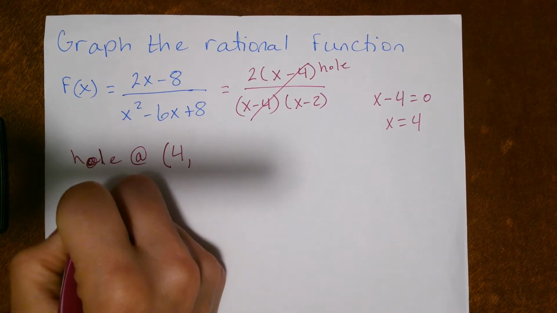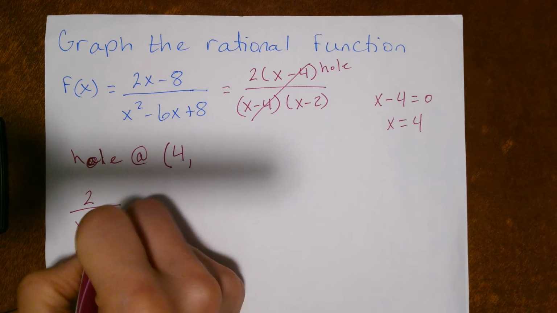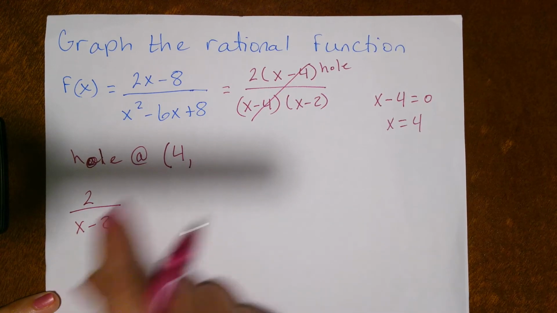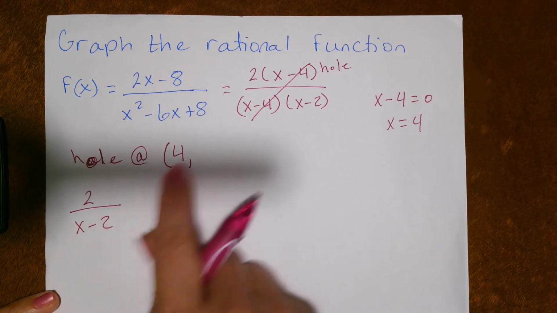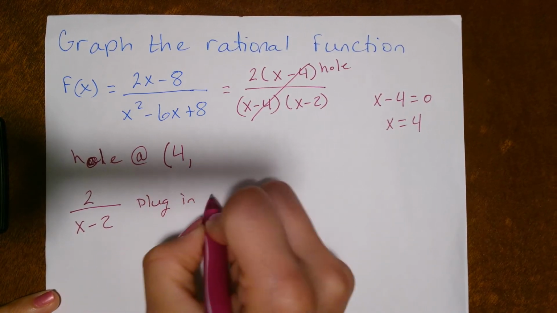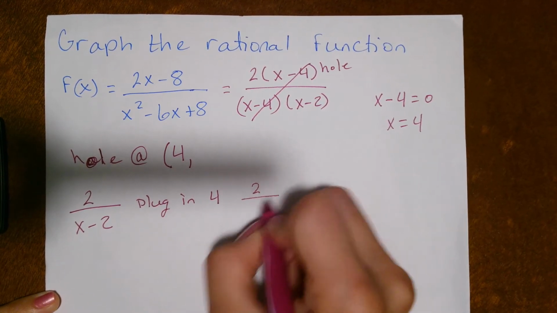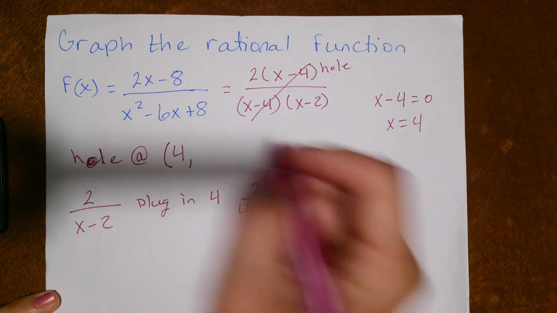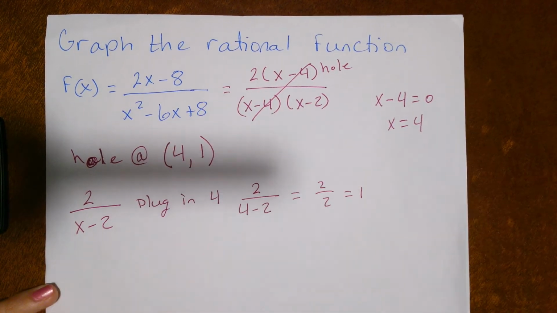So I now am working with 2 over x minus 2. If I want to know the actual coordinate of that hole, I'll just plug 4 back into this. If I plug in 4, I get 2 over 4 minus 2, which is 2 over 2, which is 1. So I know I have a hole at 4, 1.